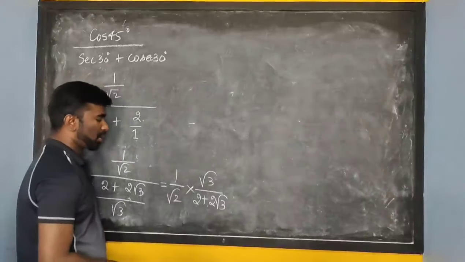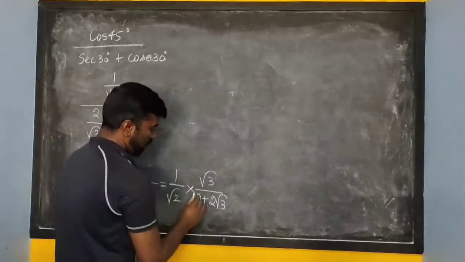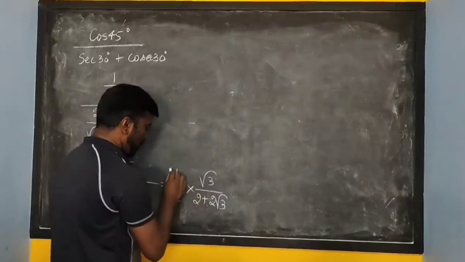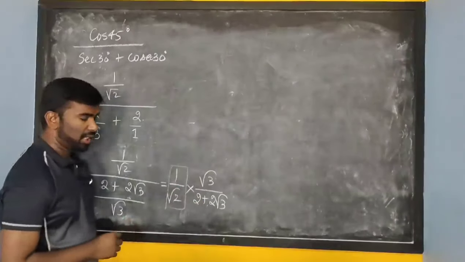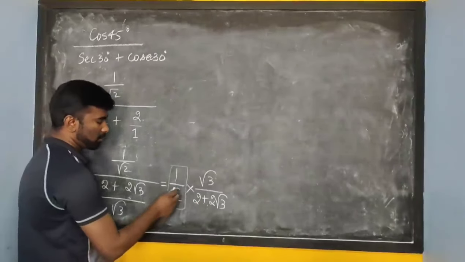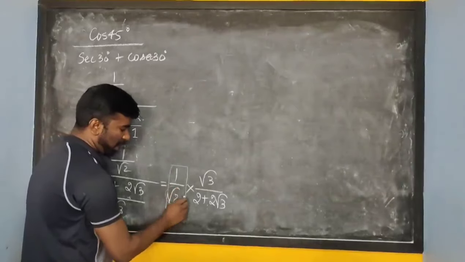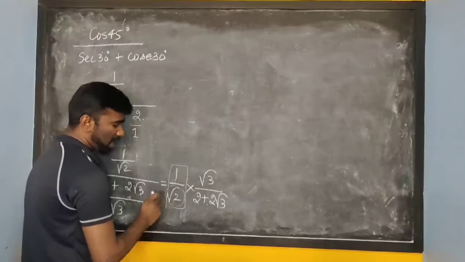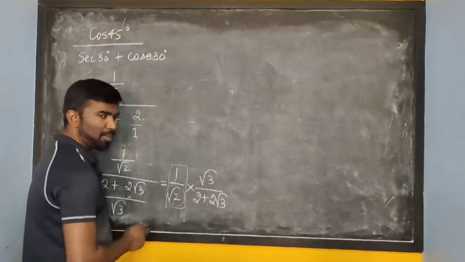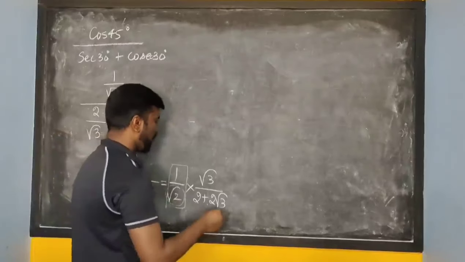Now student, what should you do? You should simplify this term, because in the denominator it is an irrational number. First, you should convert the irrational number into a rational number by the process of rationalization.